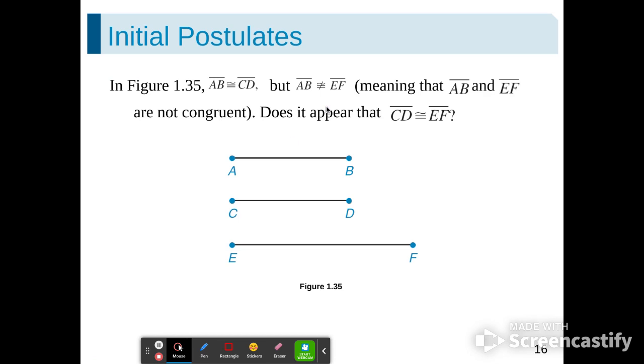And then we continue on. AB is not congruent to EF, meaning that AB and EF are not congruent. Does it appear that CD is congruent to EF? Of course not, because you can clearly see that if we did the measurement with a ruler, CD is only a portion.